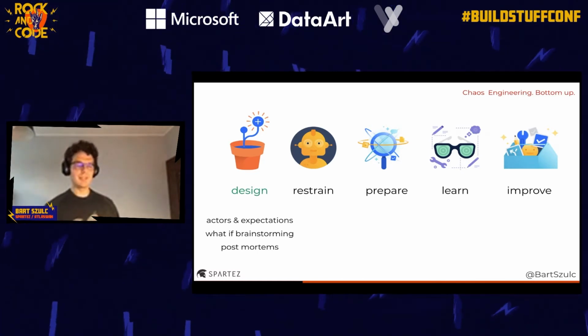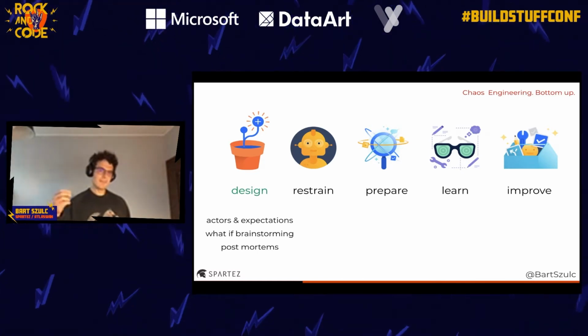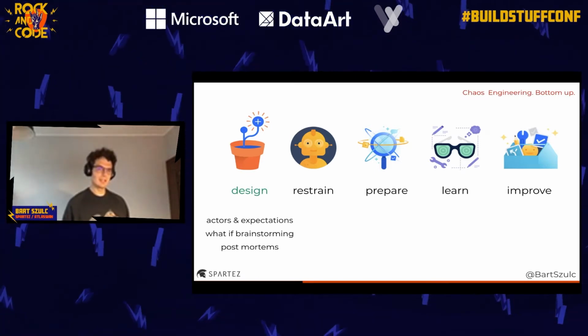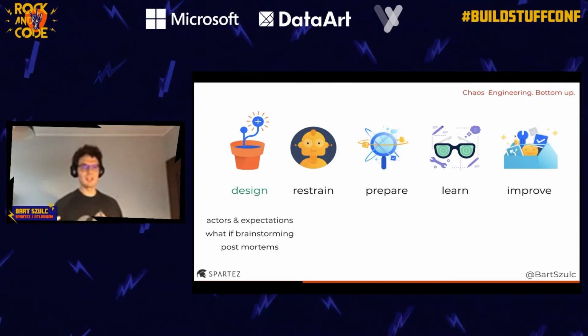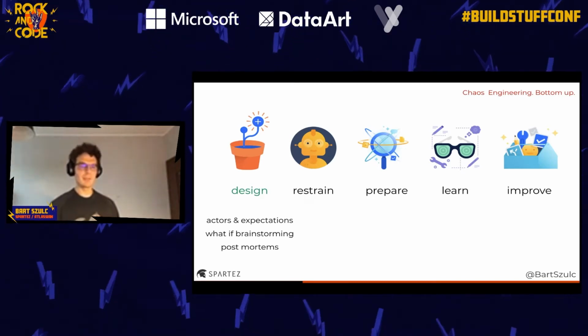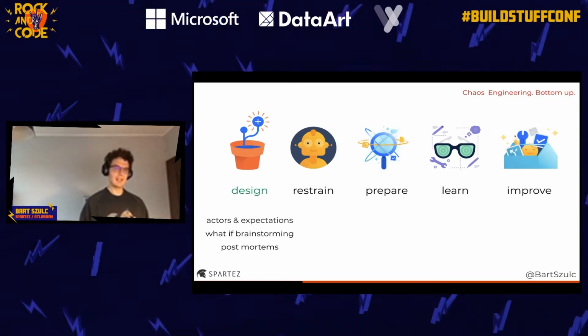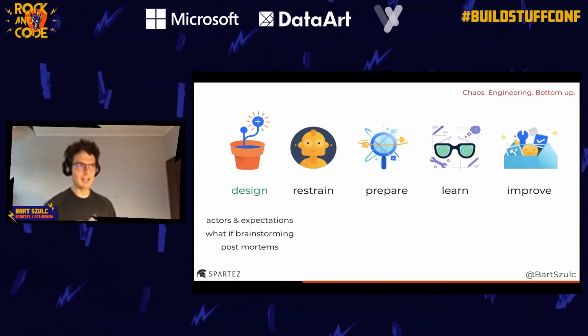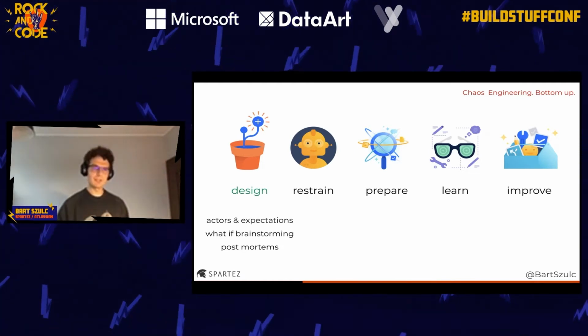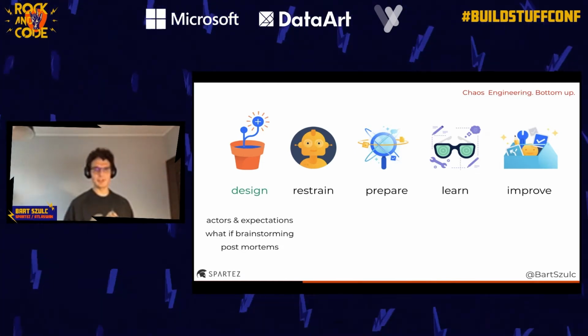We also use that information to decide, okay, what is really necessary in order to meet those expectations, and what if something is missing, how our service is going to react, how the whole system is going to react. So this helps us to come up with interesting scenarios to experiment with. Another source of scenarios are post-mortems.